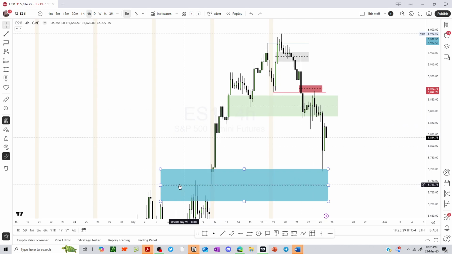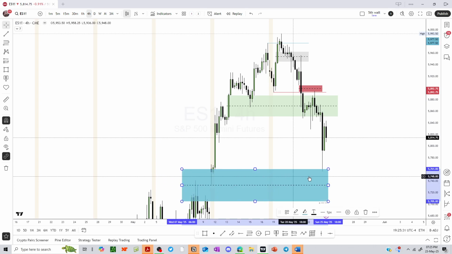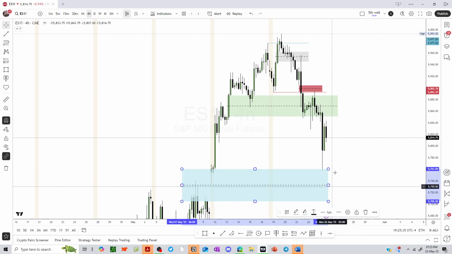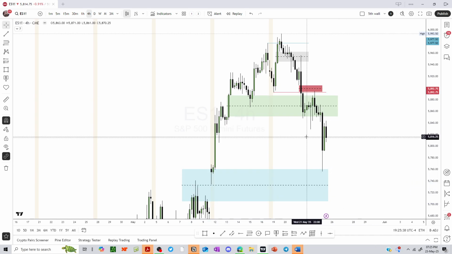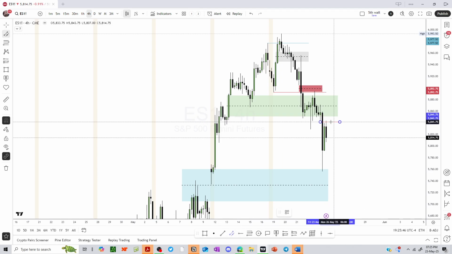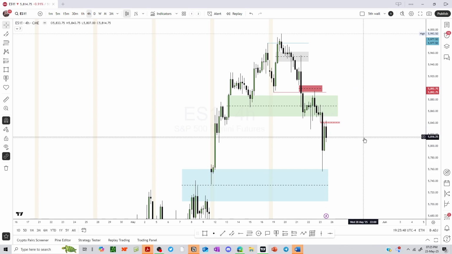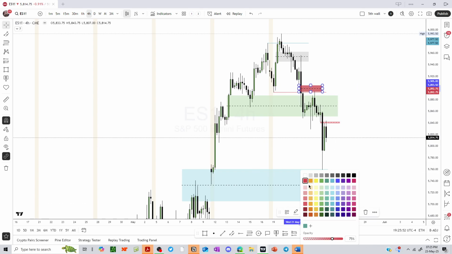Dropped down into that weekly draw on liquidity, which was this volume imbalance. And then there's a small little fair value gap here. I use these parallel channels for these tiny ones because I'm not being a surgeon. All right, so BAM, there's that. That's a 4-hour chart.